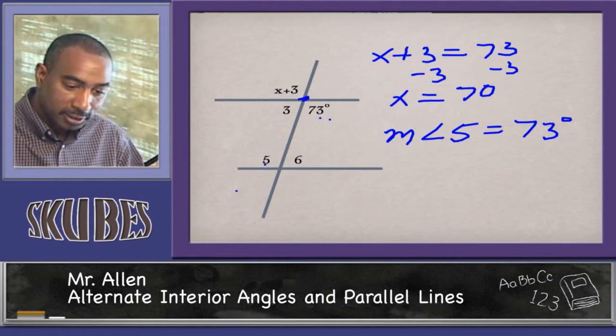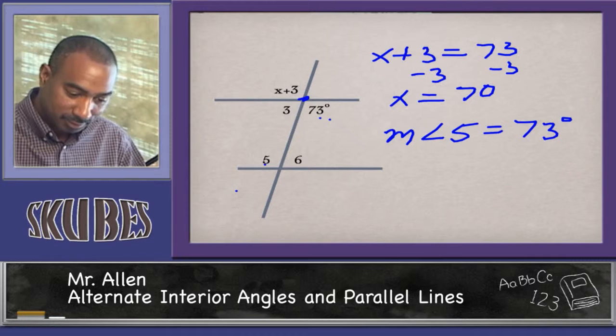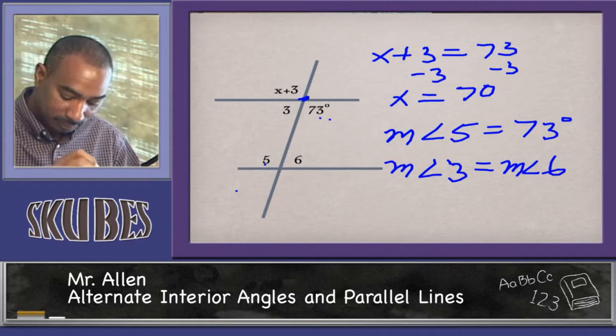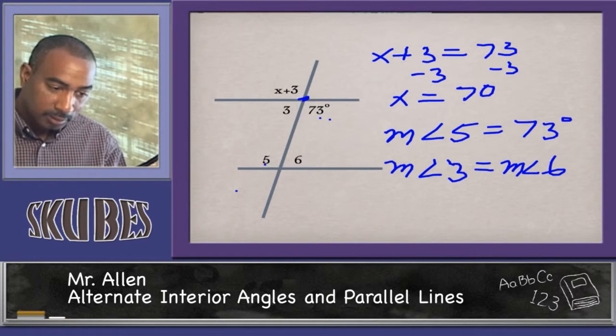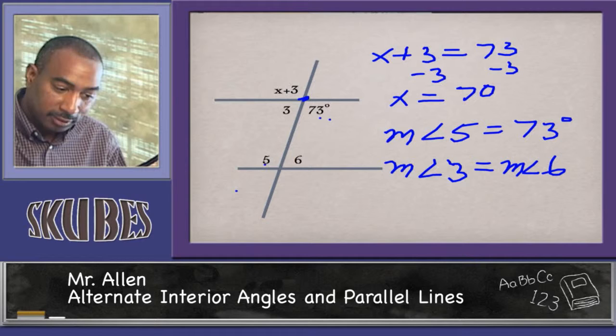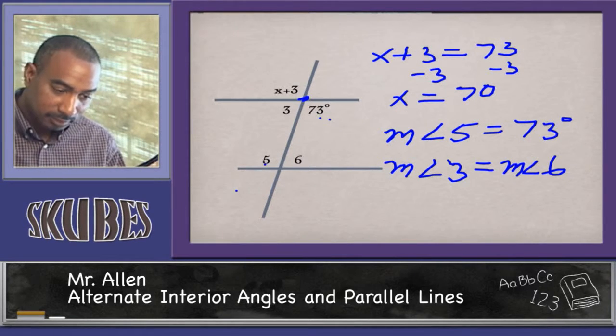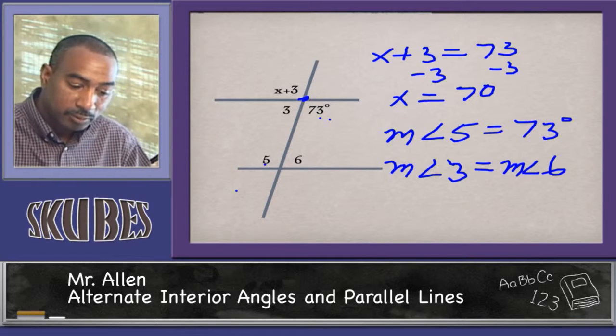Angle 3 and angle 6 are alternate interior angles. So I know the measure of angle 3 equals the measure of angle 6. But there's a relationship between angle 3 and 73 degrees. They have to have a sum of 180.